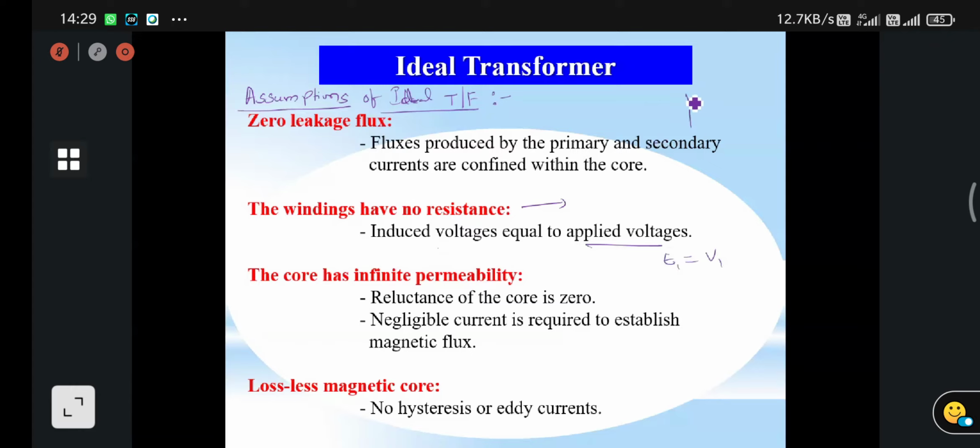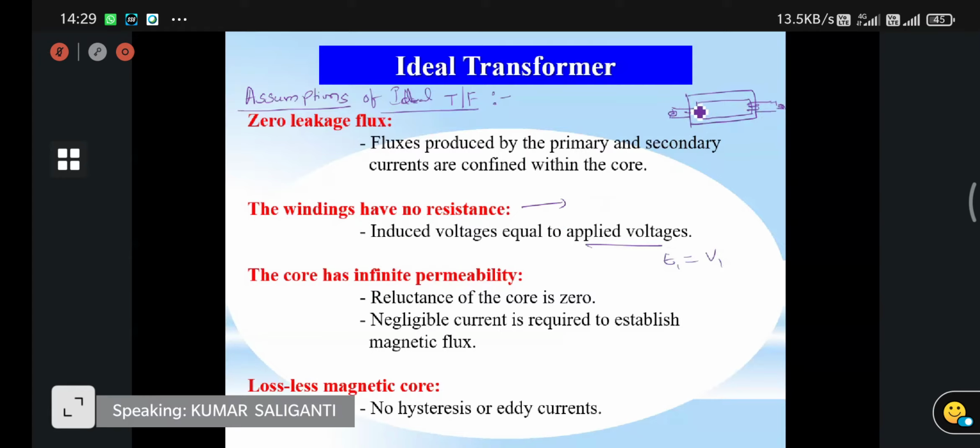Suppose you take the transformer like this. This is the source, this is the load, and this is the ideal transformer. The primary and secondary windings have no resistance.